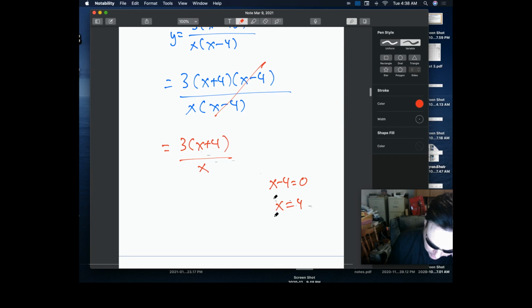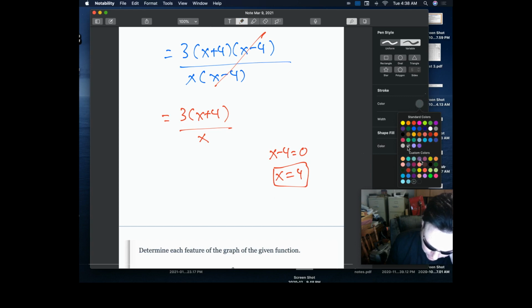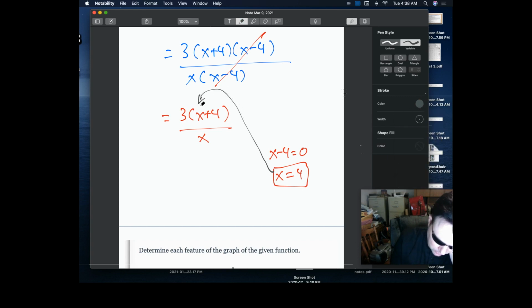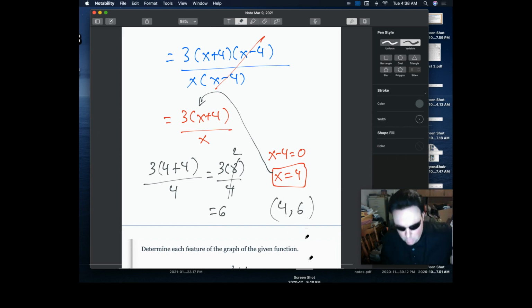If the question is asking us to find the ordered pair, you plug into what's left, and you get 6. So the ordered pair would be 4, 6. But whatever cancels out is what's going to be your hole. And I hope that makes sense.